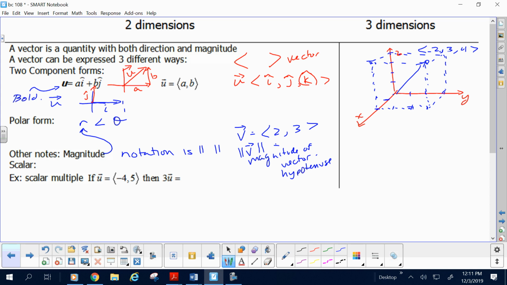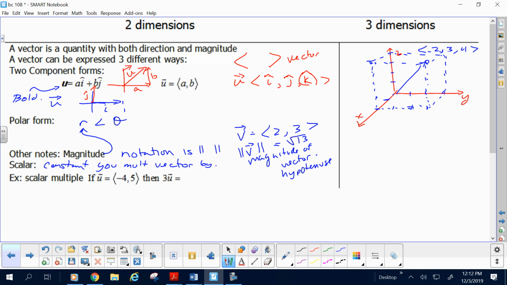And so you'd say the magnitude of the vector is square root 13. Okay? Those double bars are not absolute value. They're the length of the vector. Magnitude. Cool? Okay? A scalar is a constant that you multiply a vector by. Typically it's multiplication. Yes, question?